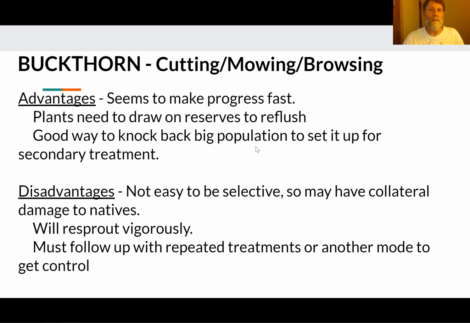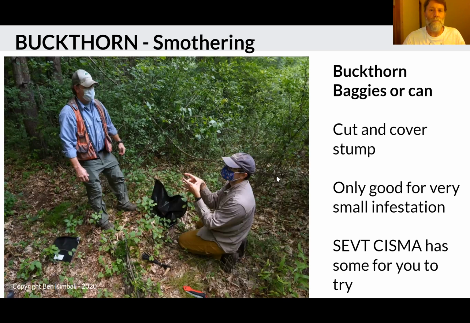And the last slide, I think, is the next one, Corey. Yeah, so smothering is another thing you can do, and this is generally only going to be effective if you have a few. But again, if you're at sort of the leading edge of that infestation or that invasive wave, this could work for you.